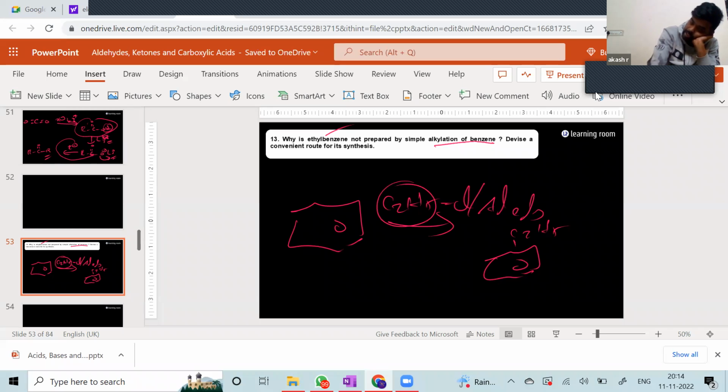So if I have to devise a convenient route for this preparation, what will I do? Benzene. If I make this react with, okay, this I can do. Let me show it to you.